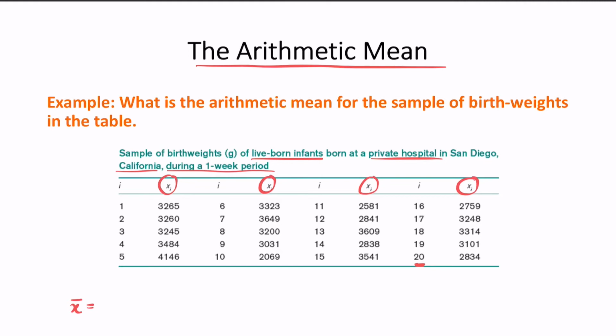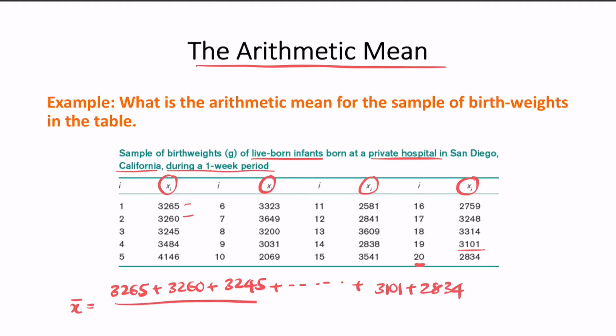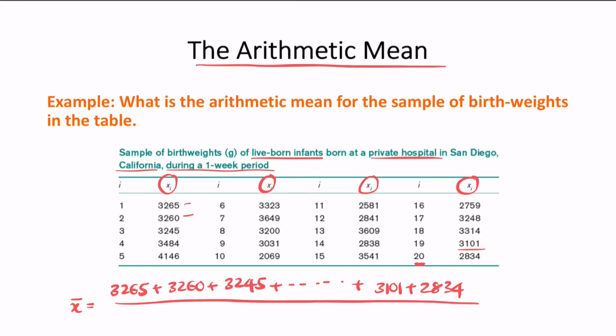So what do you do now? You calculate the sum. For example, you start from the first value 3265 and then you add 3260, then the next value 3245, plus and so on, until the final two values, 3101 plus 2834, divided by the total number of observations, which is 20.